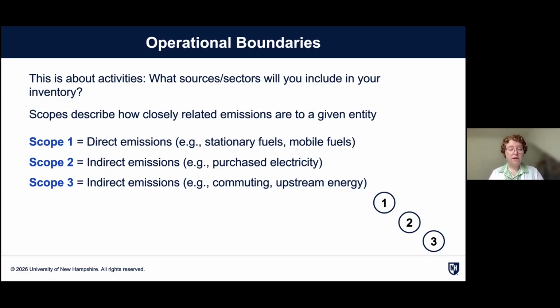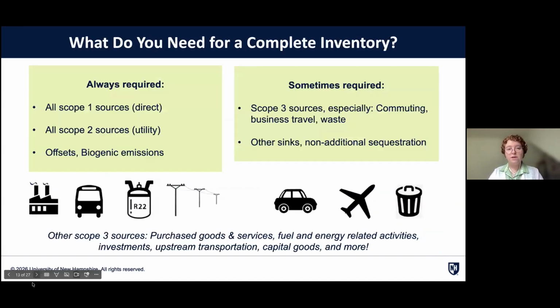The next category and most broad one is scope three, which is also indirect emissions, but that's basically everything else. That's the upstream energy, commuting, food purchases, and because it's indirect, scope three is harder to manage. We'll get more into detail on scope three and some examples of the different methods to calculate that in a few slides.